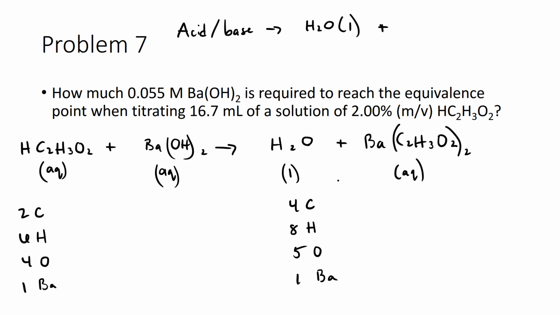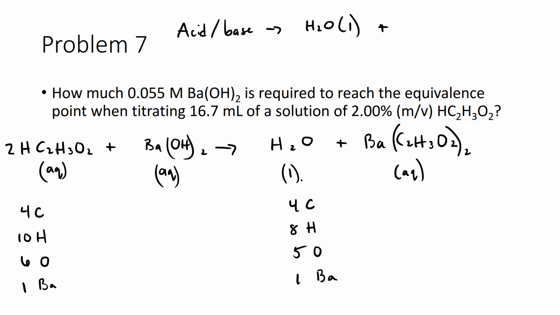To balance out the number of carbons, I'm going to put a 2 out here in front of acetic acid. That's going to change the number of carbons we have to 4. The number of hydrogens we have now is going to be 6, 7, 8, 9, 10. We're going to have 4, 5, 6 oxygens, and we still have 1 barium.